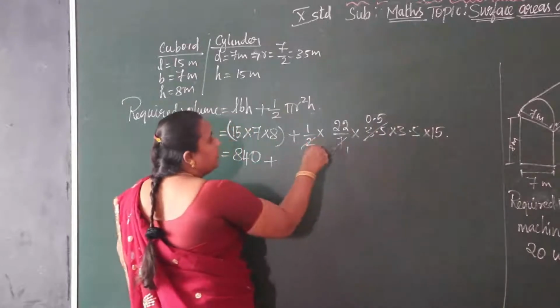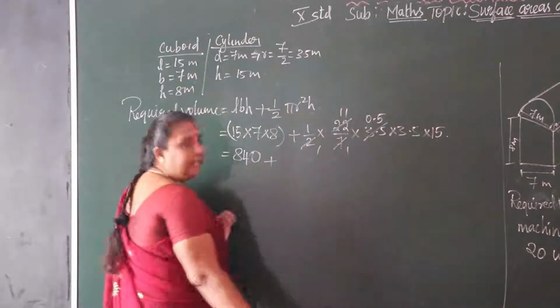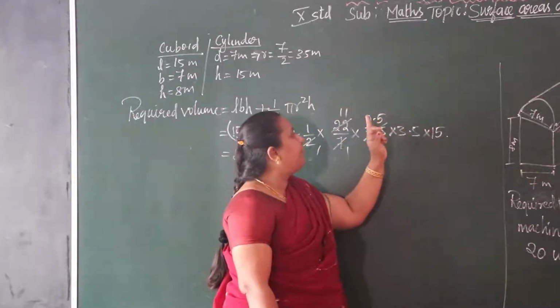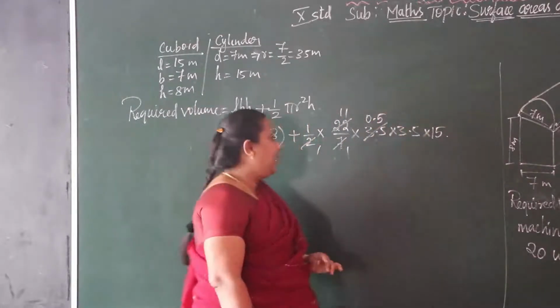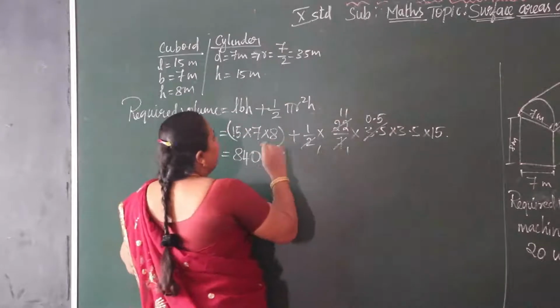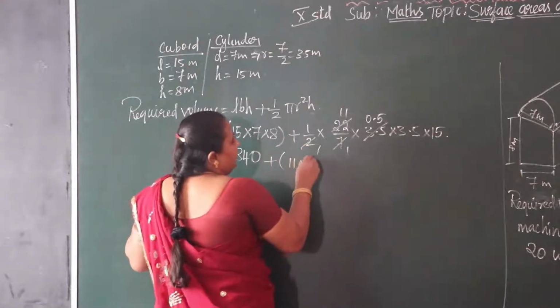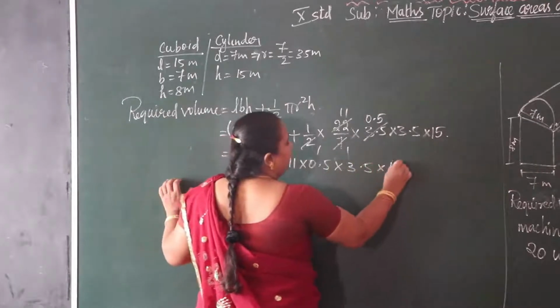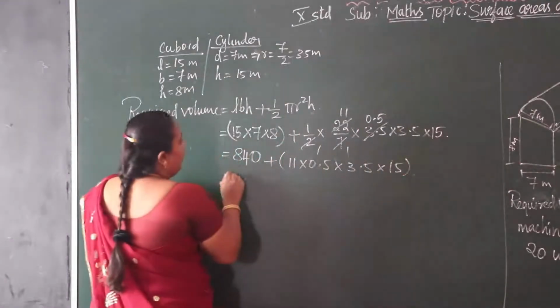So 2 ones are 2, 2 11s are 22. So here we are having 11 into 0.5 into 3.5 into 15.